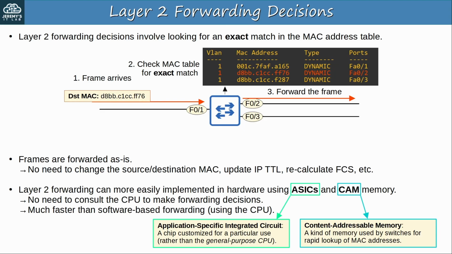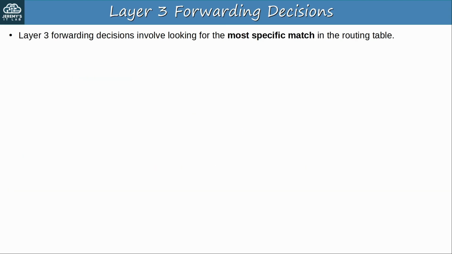Now let's take a look at Layer 3 forwarding. Layer 3 forwarding decisions involve looking for the most specific match in the routing table. Partial matches are okay. Just this alone makes Layer 3 forwarding decisions more complicated than Layer 2. For a Layer 2 forwarding decision, all bits have to match. For Layer 3, only some bits have to match, and the matching route with the most matching bits is selected to forward the packet.